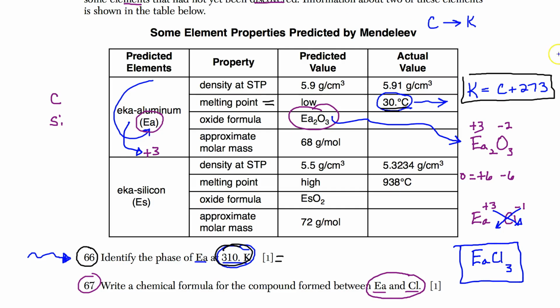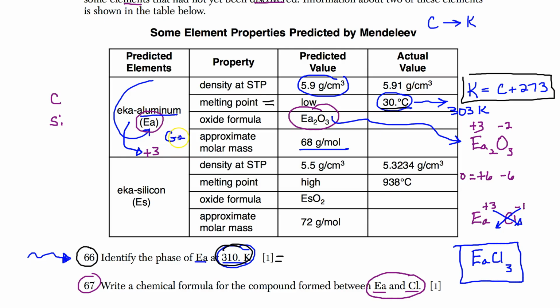So some people looked at this density 5.9, the melting point of 303 Kelvin if you add 273 to it, and even the molar mass, and looked under aluminum in the periodic table, and the next element is gallium.